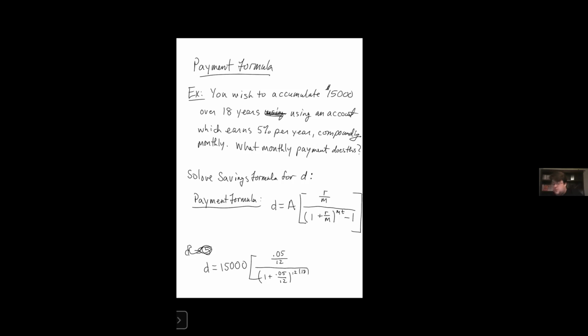It's compounding monthly, so the number of compounding periods per year is 12. So we have 12 times 18 there, and this is approximately equal to 42.96. So deposit $42.96 at the end of each month, and that'll give you, with this rate, $15,000 at the end of that period.